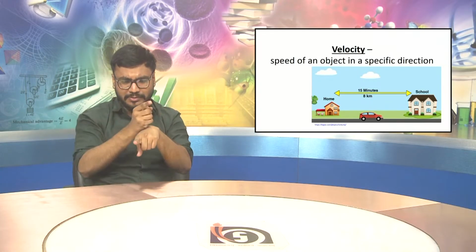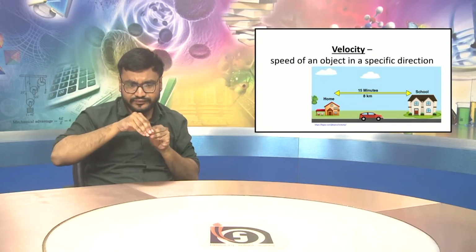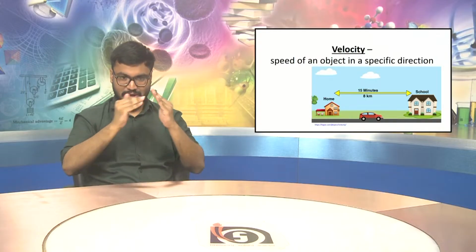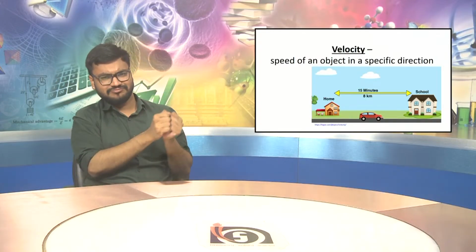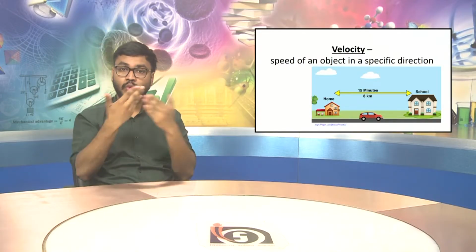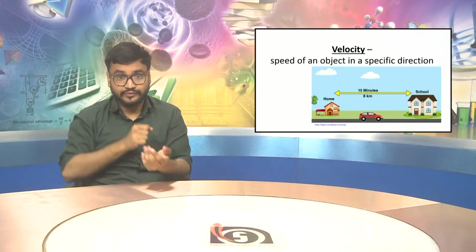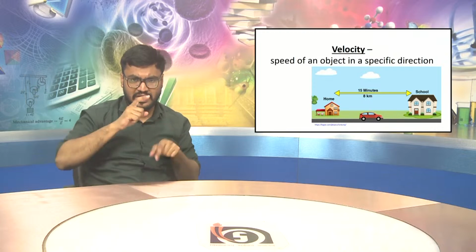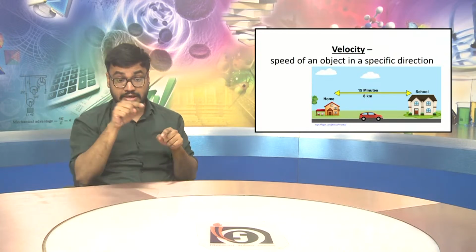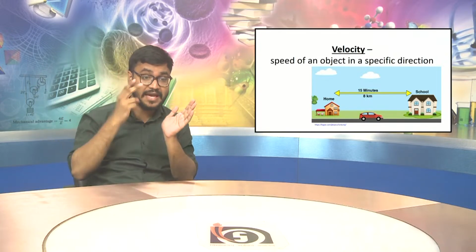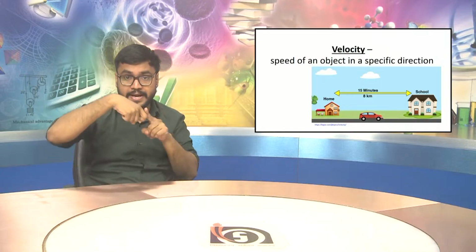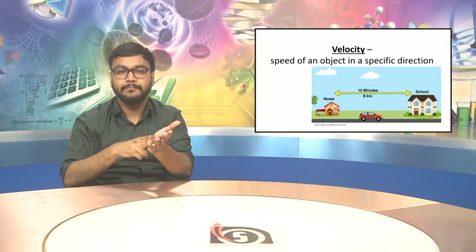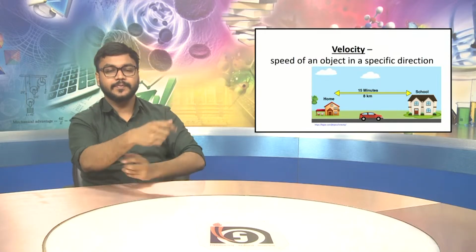Next is velocity. Velocity is the speed of an object in a specific direction. For example, a car moves from house to school, so the speed it has used is called the velocity of the car.